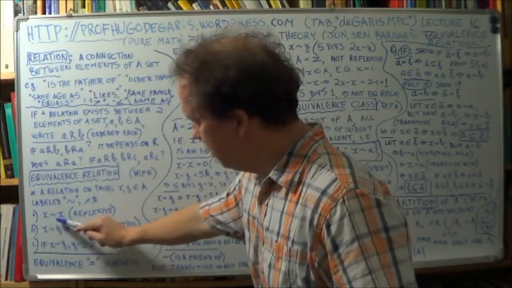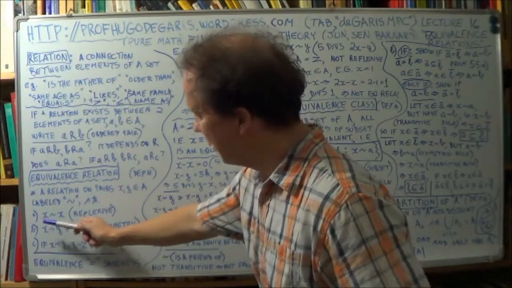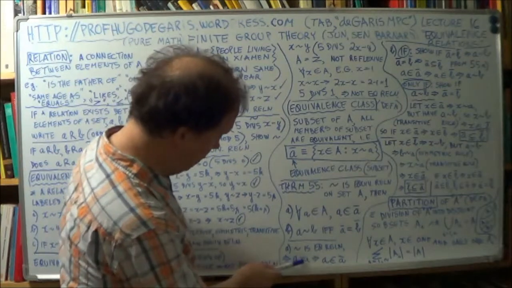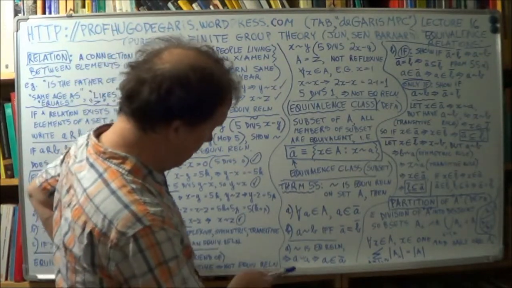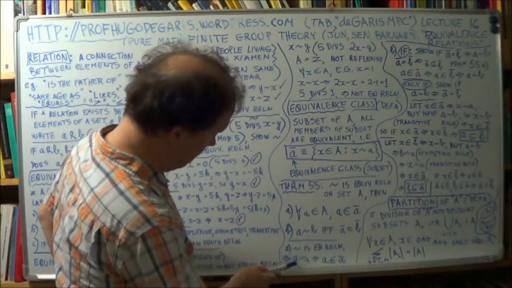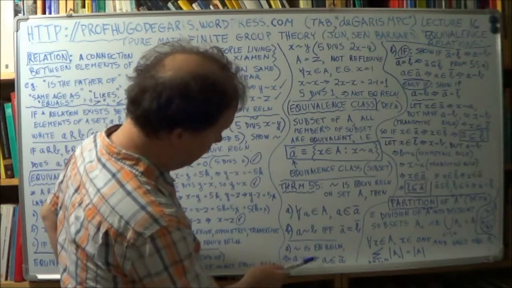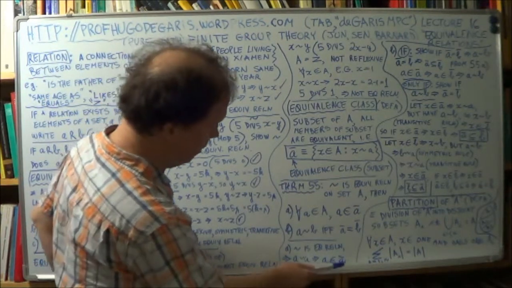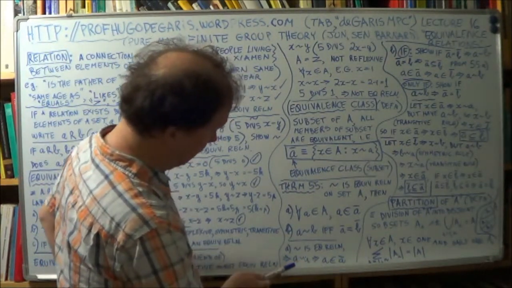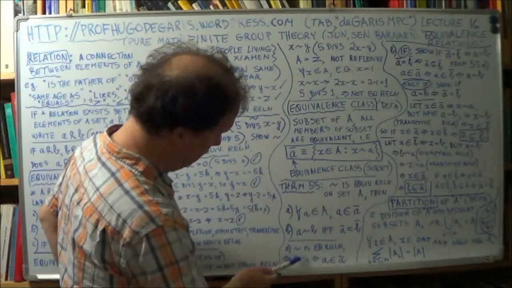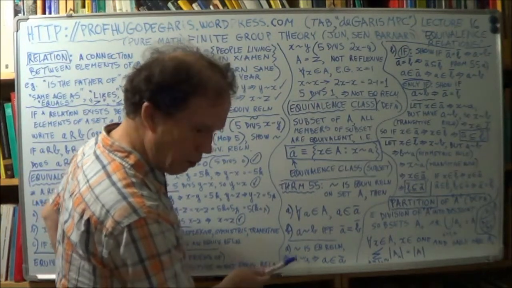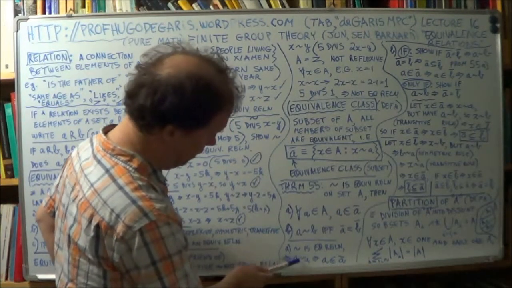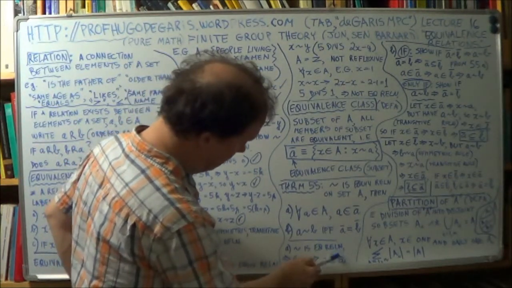So x tilde x, so x is A, so A tilde A. And that means that A is one of the members of A bar, right? To be a member of A bar, you have to have an equivalence relation with A. Well, A does have an equivalence relation with A, so A is a member of this.